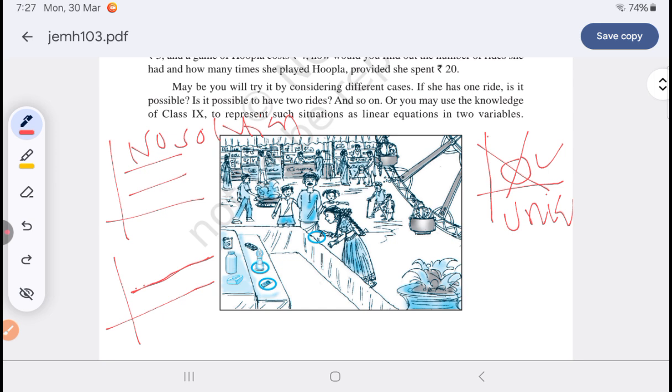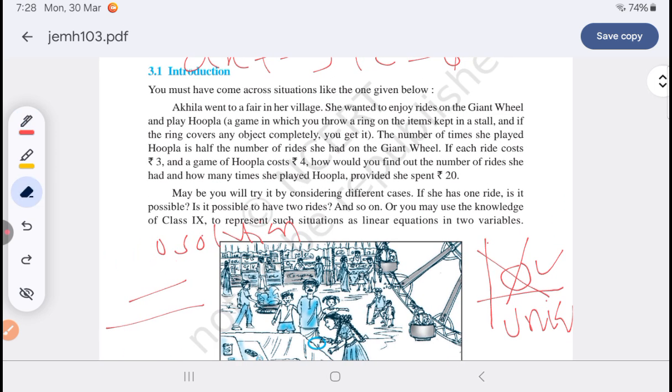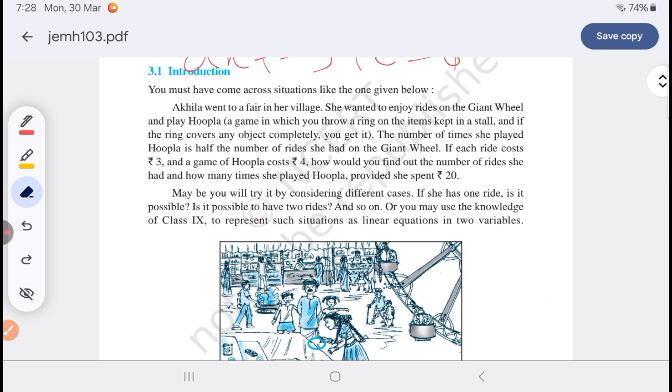Third is the elimination method. We eliminate one variable by adding or subtracting the equations. Let us explain one simple example. x plus y equal to 10, x minus y equal to 2.